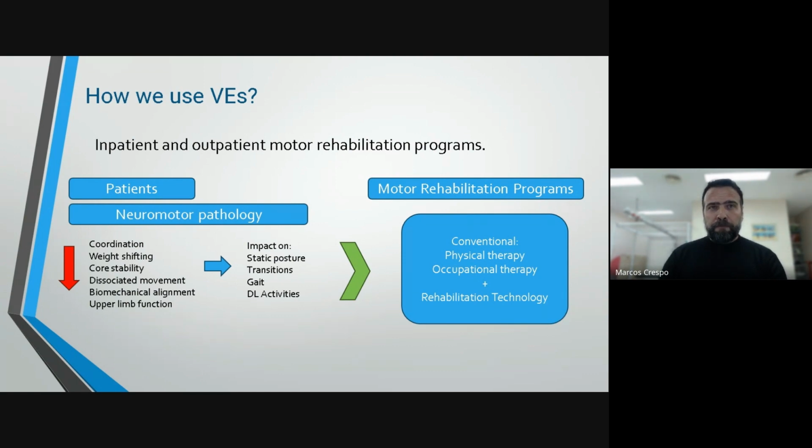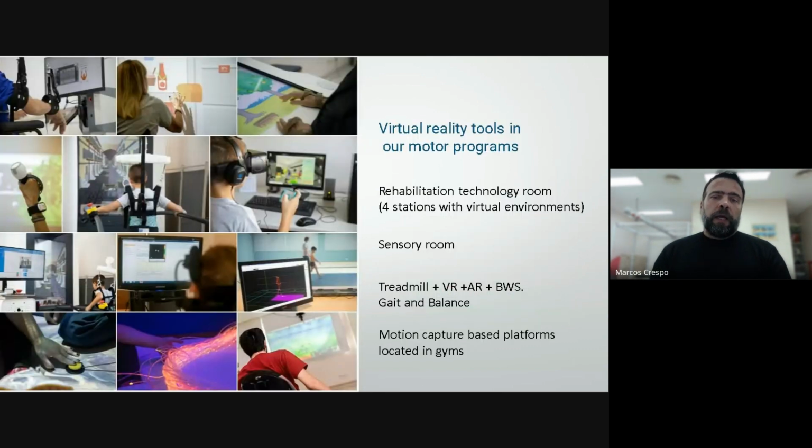But it's important to say that we use virtual environments and all the rehabilitation technology as a tool to do better what we already know how to do. So in Pleni, many years ago, we decided to start to use technology in our programs, and we decided to start with virtual environments.